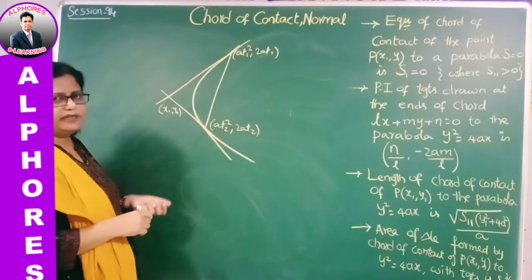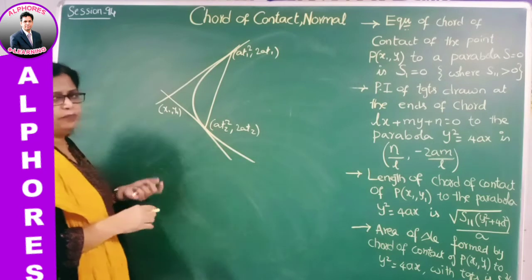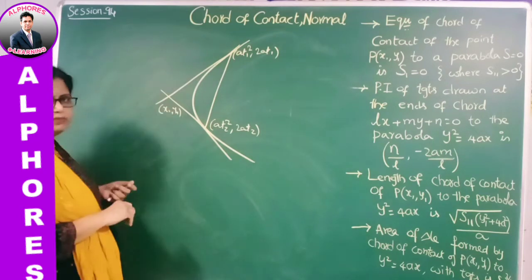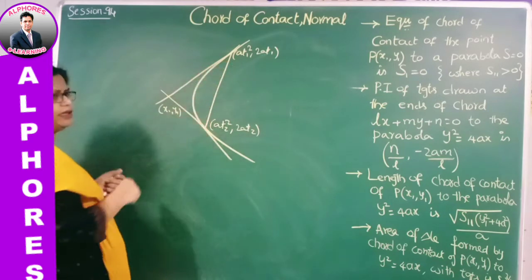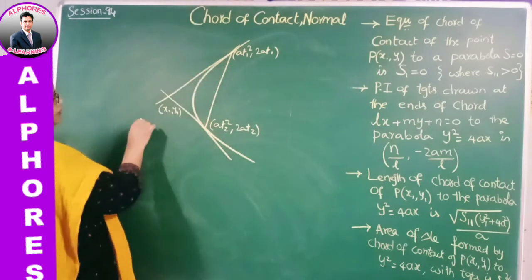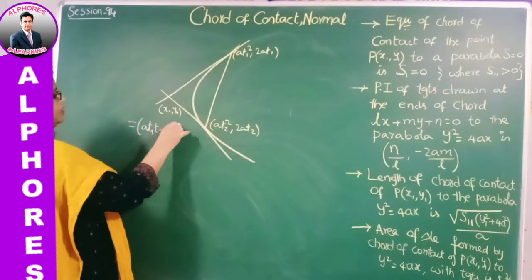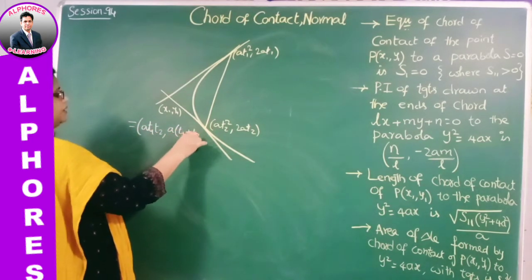And in previous sessions we have observed the point of intersection of tangents. If you use that formula here, because you are taking the ends at T1 and T2, this point is nothing but a T1 T2 comma a into T1 plus T2.